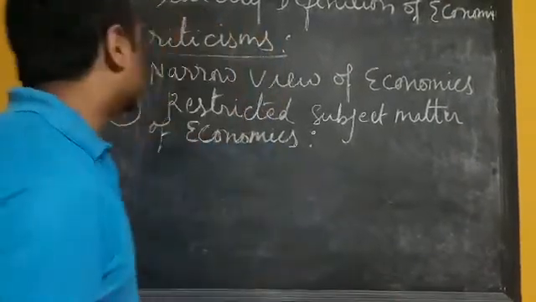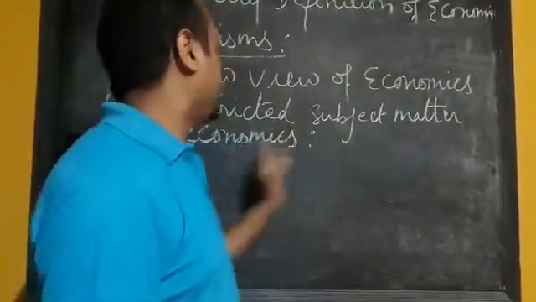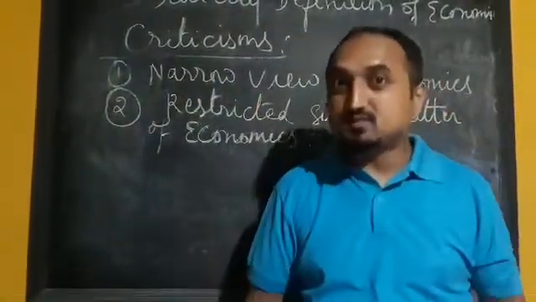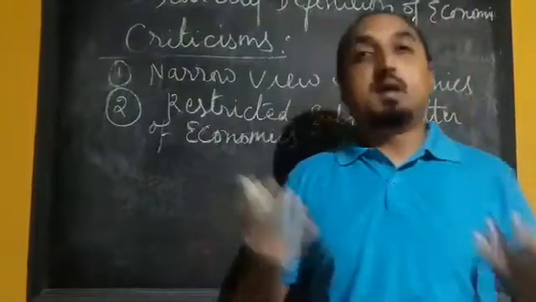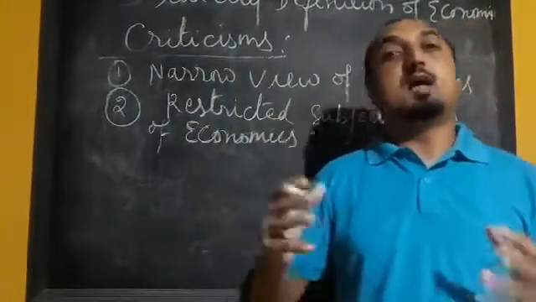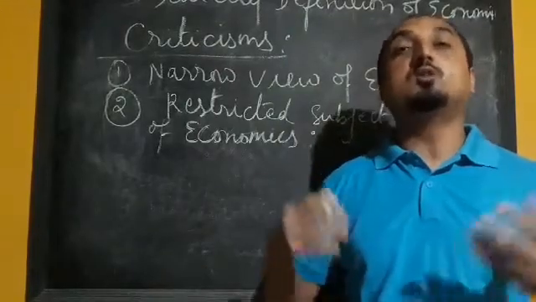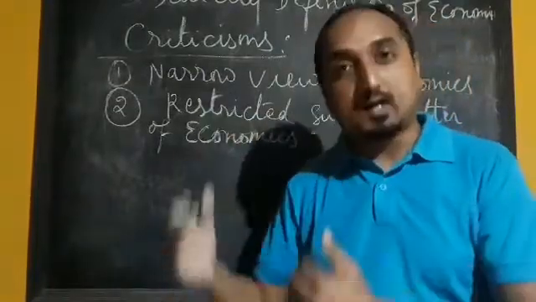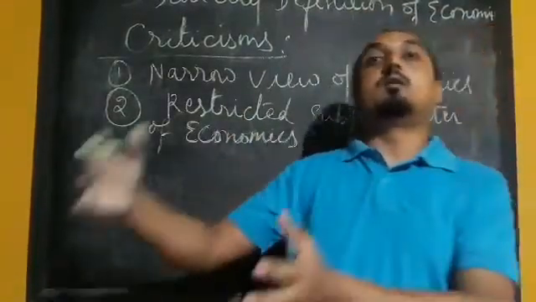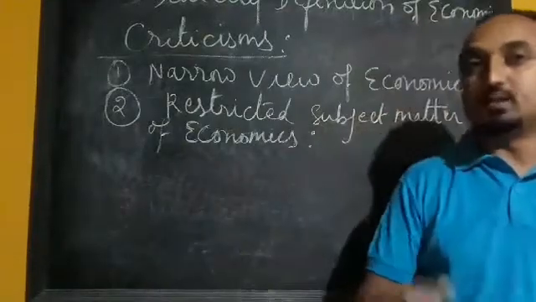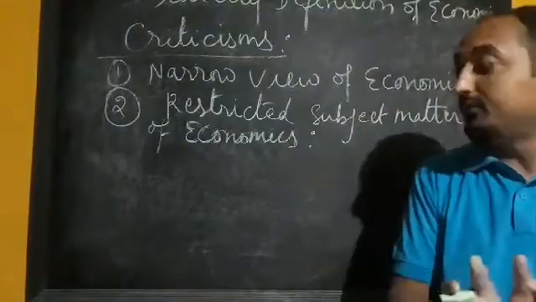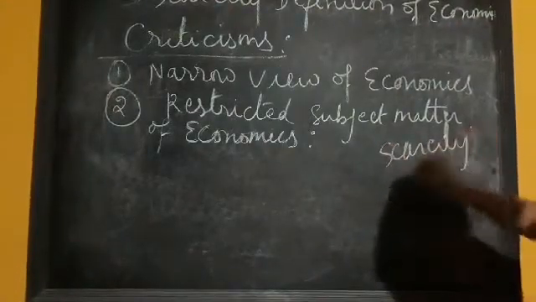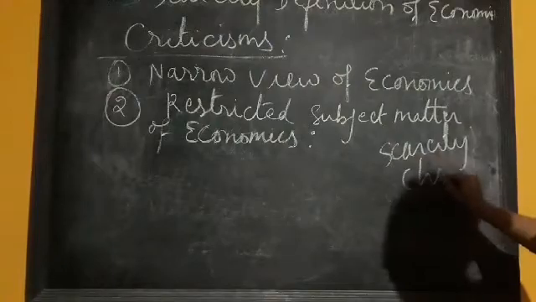Now the second criticism we have is the restricted subject matter of economics. In his definition he has mentioned that the root cause of the economic problem is the scarcity of resources and the allocation or choice of resources. But various other economic problems do not arise only because of scarcity, yet he has restricted the definition within two factors: scarcity and the problem of choice.